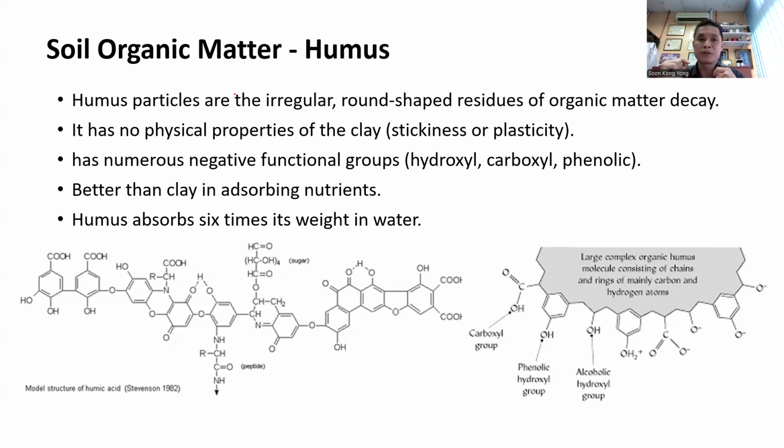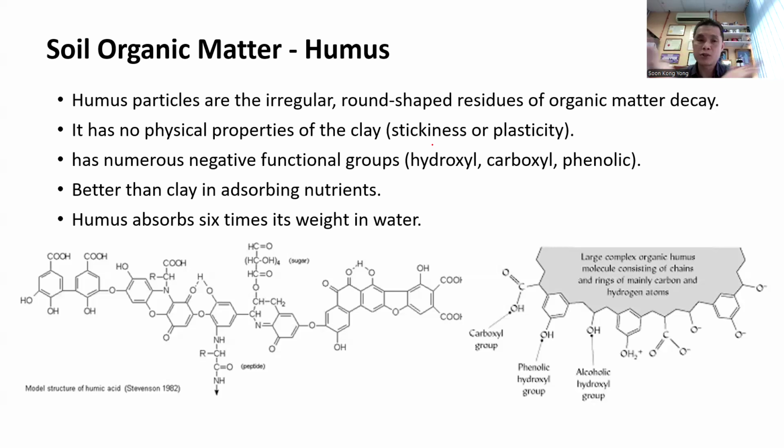Now, why is this important? You can imagine this humus particle as a spongy material. They have hairy materials that are very spongy, with a lot of holes inside. And this is good because they are flexible and porous, so they can merge well with clay. Now, clay is sticky and plastic.